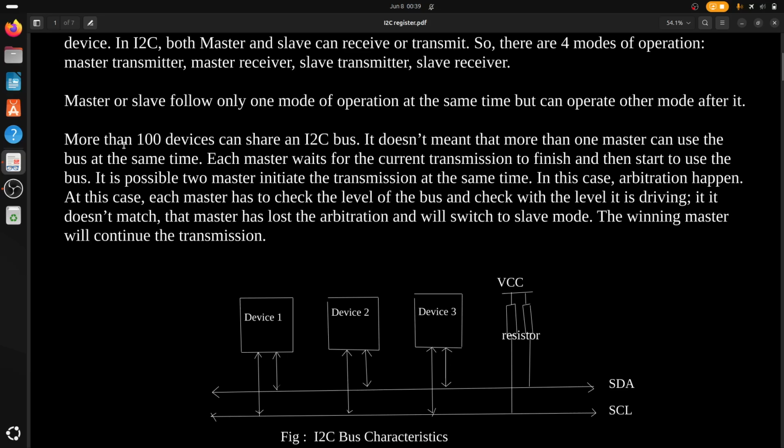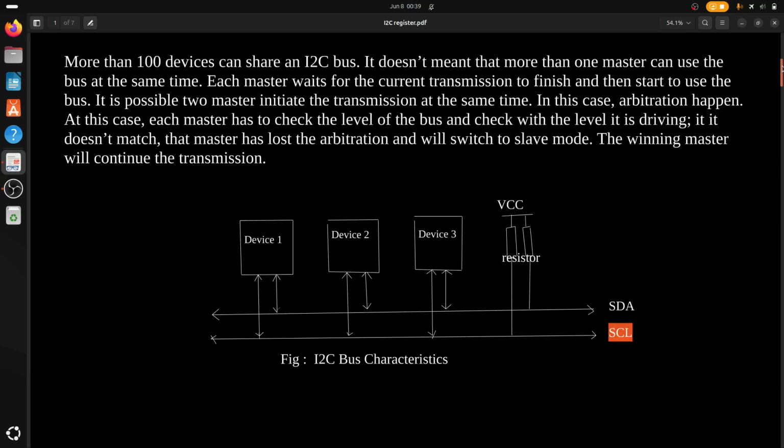As the bus can be occupied by only one master at one time, and the bus contains the SDA line and the SCL line, there may be situations where two or three masters initiate the transmission process.